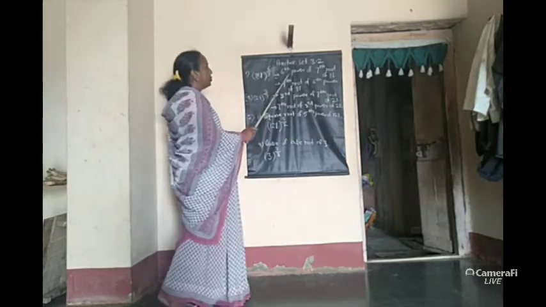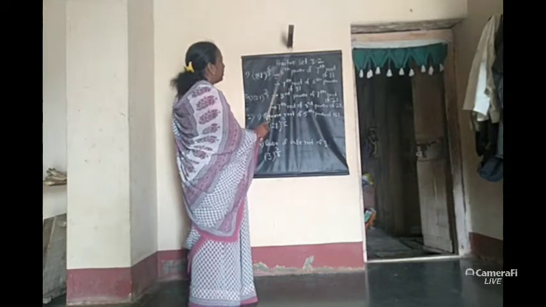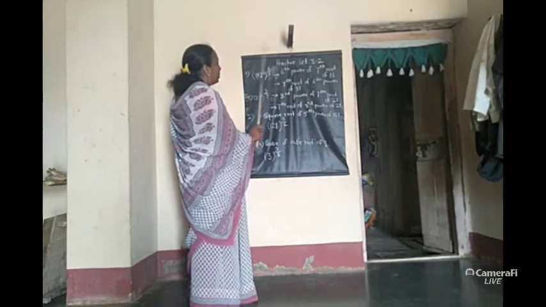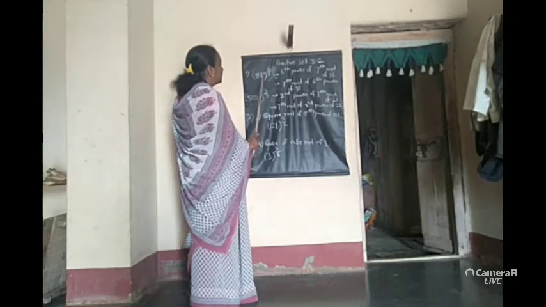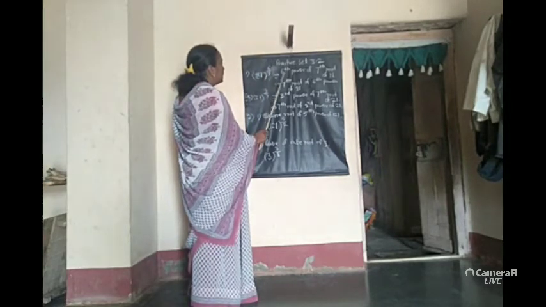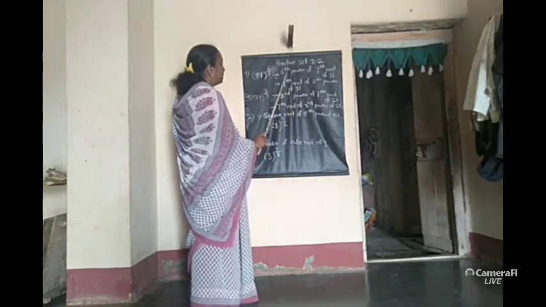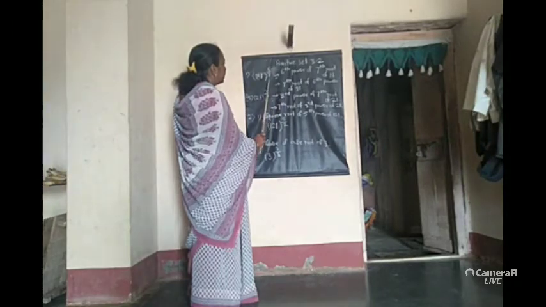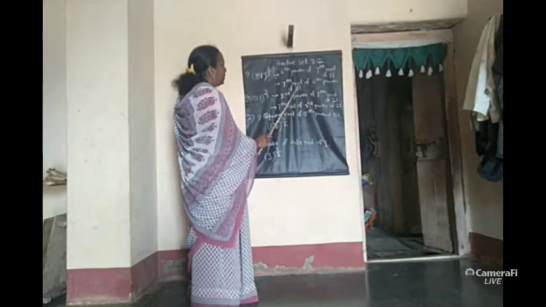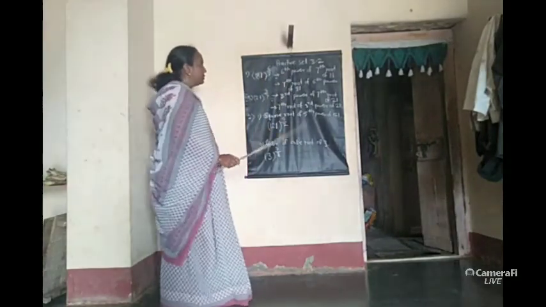We have to write them in two different ways, in power form or in root form. First we will write in the power form. When we write in power form, we have to read the power value first and then the root value. Here we can read it as 6th power of 7th root of 81, and it can also be written in root of the power form. It can be read as 7th root of 6th power of 81.